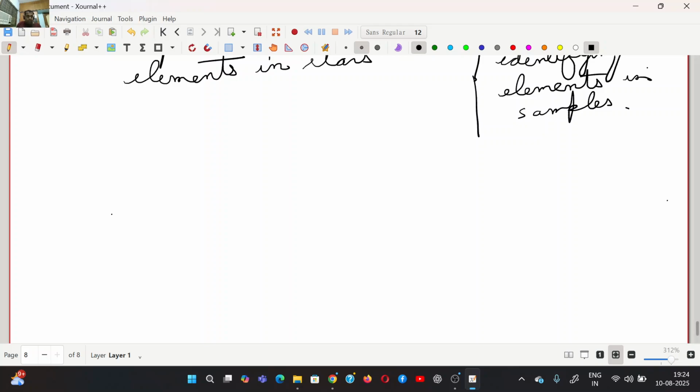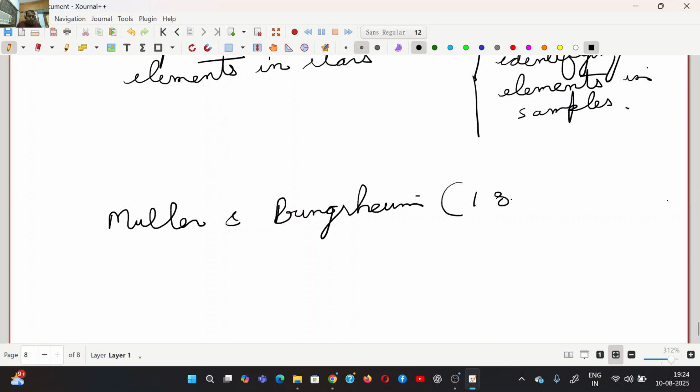There are a couple of other scientists you can Google: Mueller and Kringshin. They were active in the 1890s to 1900s, those two decades. They were the first people to study spectral line absorption and emission in laboratory settings. Their experiments helped demonstrate that atoms absorb the same wavelength they emit, supporting the reversibility of spectral lines.